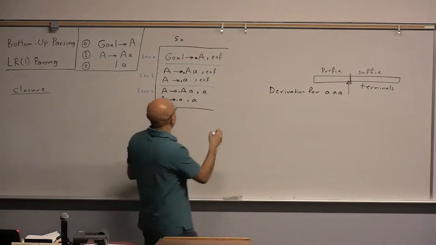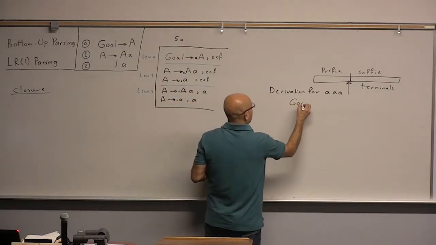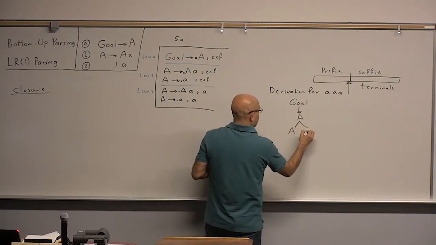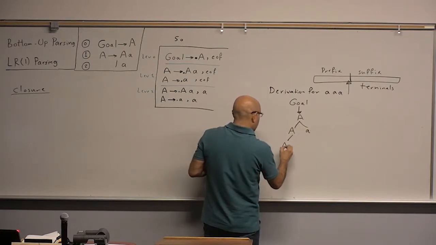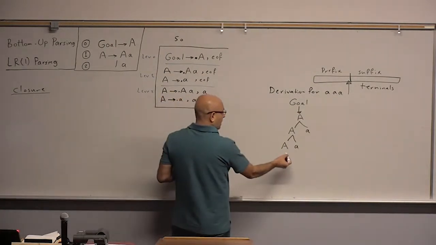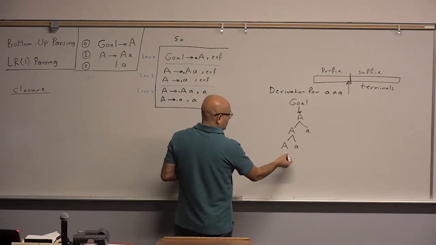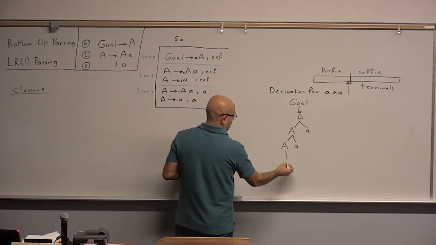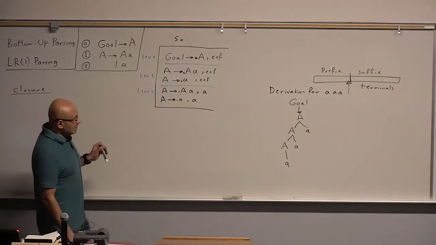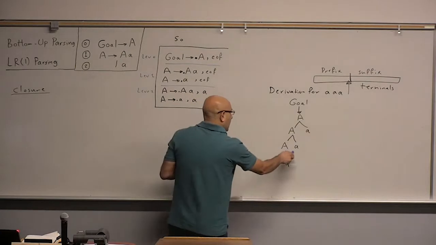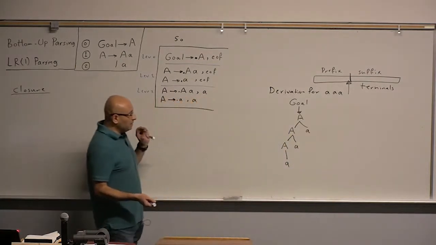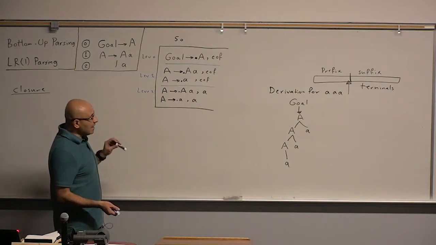The derivation is going to be: goal is an A, and the A is an AA, and then A is an AA, and then the last substitution is a single A. It means that this reduction, from an AA to an A, we did at different levels, but what comes after the A is different.